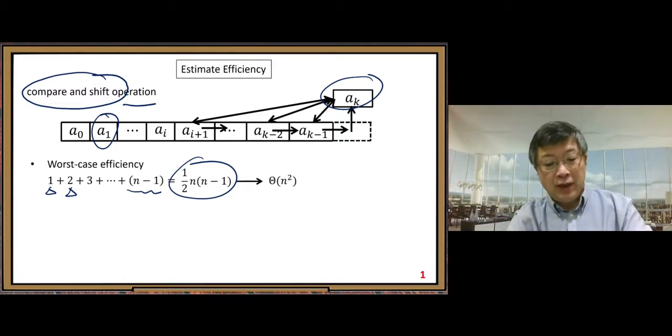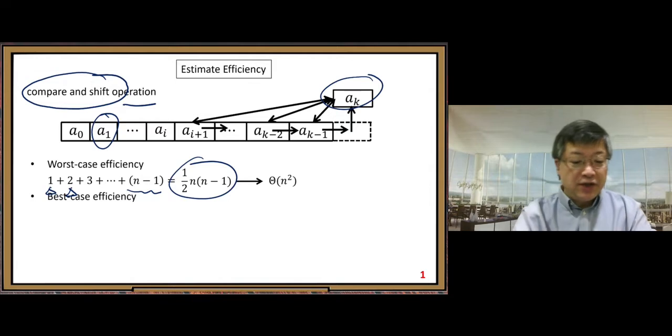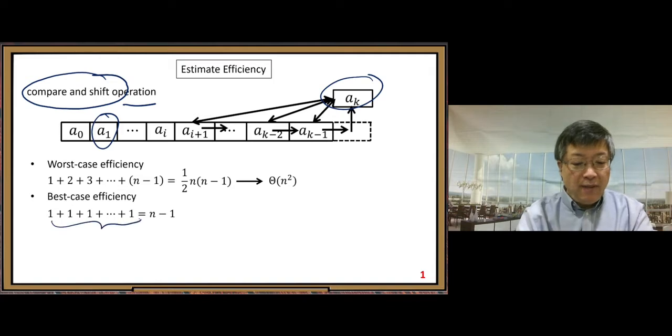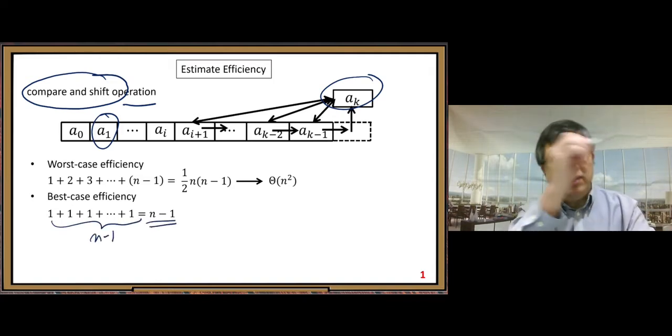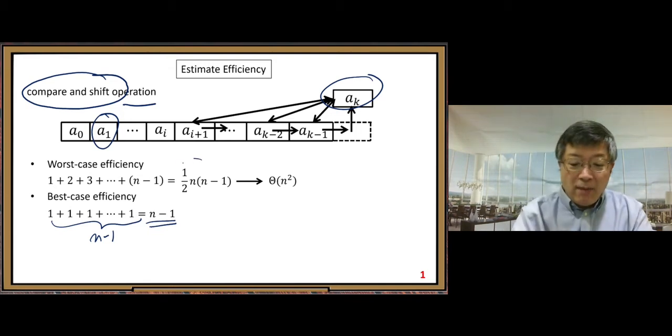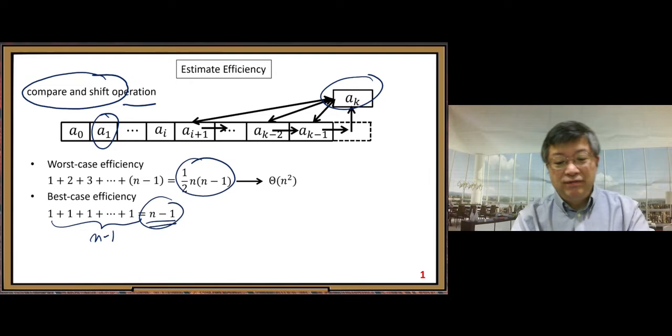So for the best case, we have this formula: 1, 1, 1, total n minus 1. So that is n minus 1, the best case. See, how much is the difference?